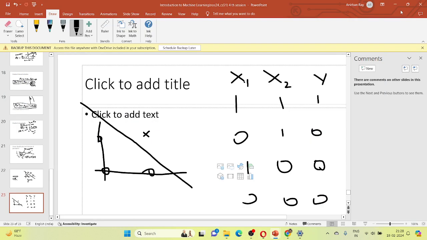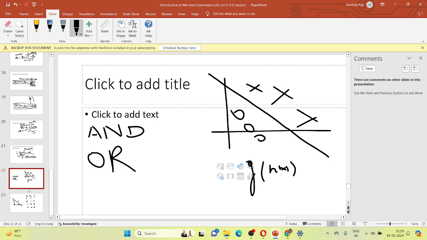Equation of this? What are you going to do to find the equation here? You can take it as a homework, okay, finding the equation here.